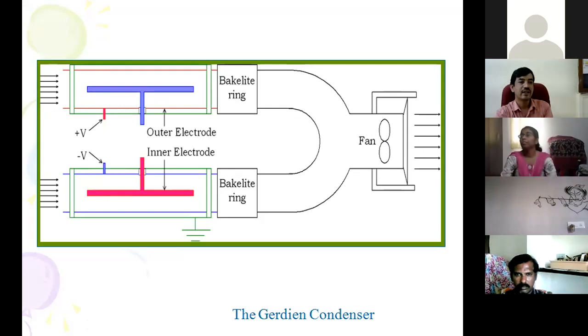Say for this cylinder, we have applied plus 35 volts to the outer electrode. Therefore, all positive ions are repelled by the outer electrode and they are collected on the central electrode.